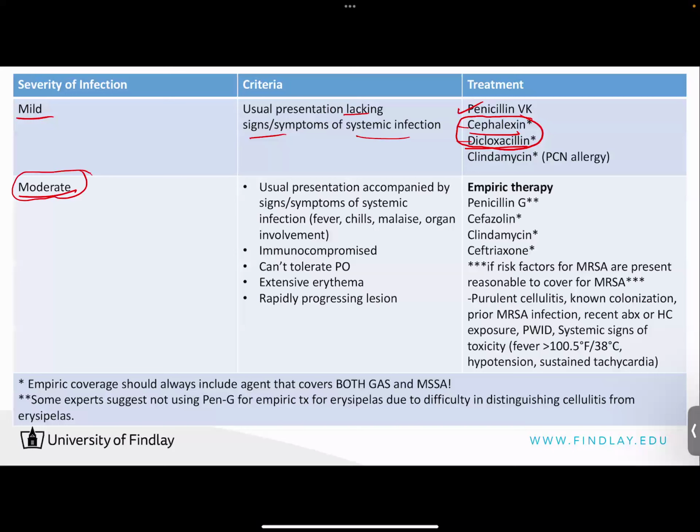When we get into a moderate infection, what does the handout say? Again, no purulence. That's important. One or more SIRS criteria. Febrile, elevated heart rate, elevated respiratory rate, leukocytosis, or leukopenia. So if you have one or more of those in the right patient, you're going to characterize them as having a moderate infection.